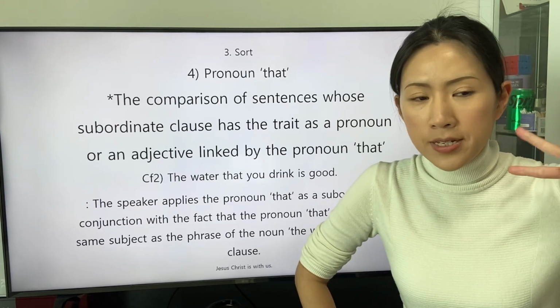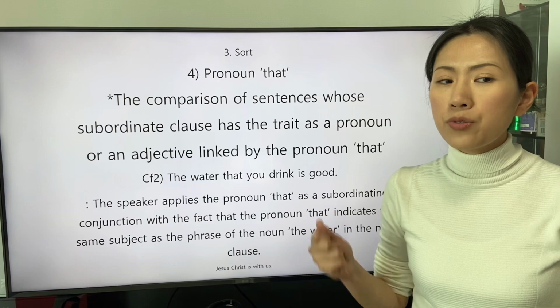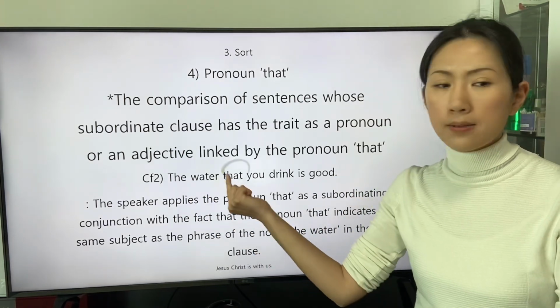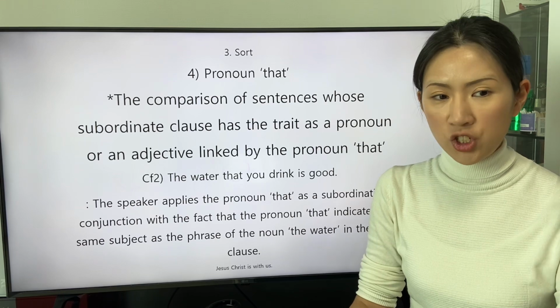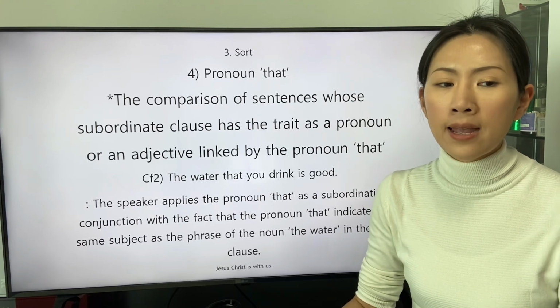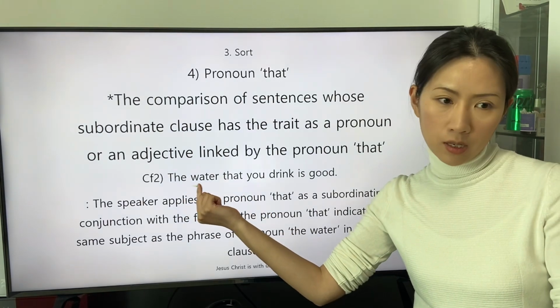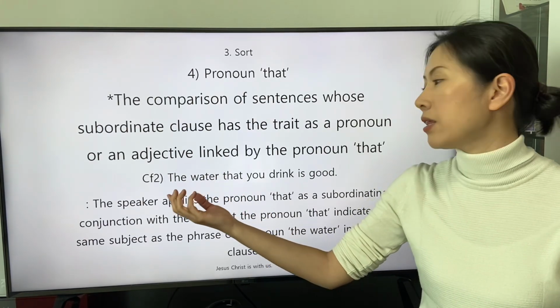The second example is this: the water that you drink is good. The speaker applies the pronoun that as a subordinating conjunction with the fact that the pronoun that indicates the same subject as the phrase of the noun, the water, in the main clause.